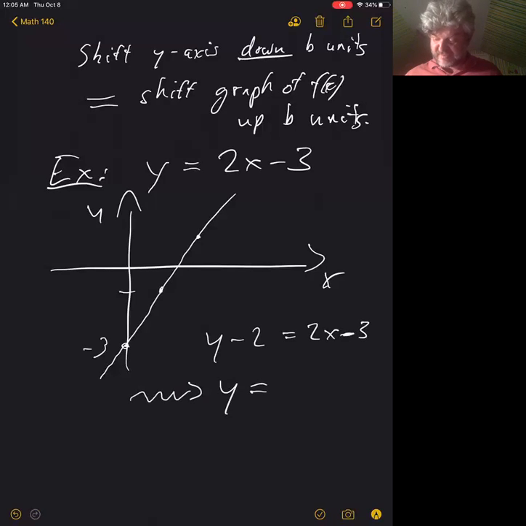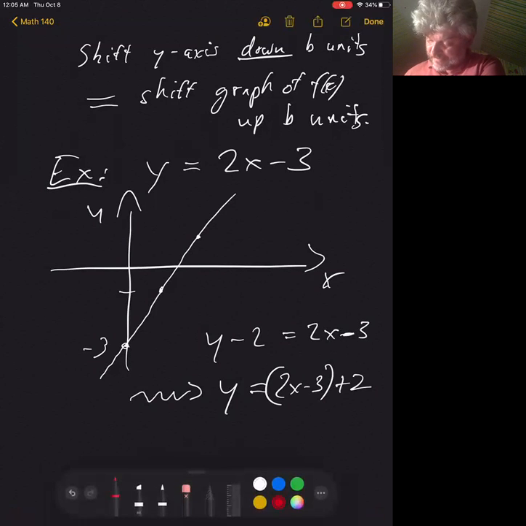So you get y is 2x minus 3 plus 2, and the whole graph gets shifted up by 2 units. So it's here and here and here. Parallel lines. Red line is shifted up by 2 units.